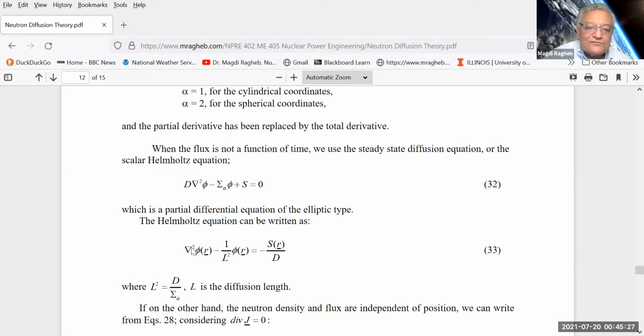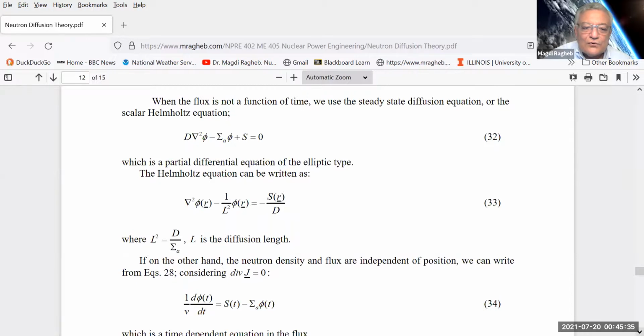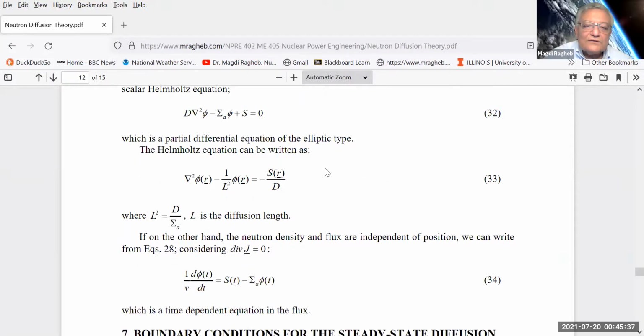Because it's a second order differential equation, we'll need to add two boundary conditions in solving it. And when we solve that equation, you find that we can determine how the power distribution as a function of space in the nuclear reactor occurs. We'll see that it peaks near the center and reaches zero a little bit beyond the boundary of the reactor.